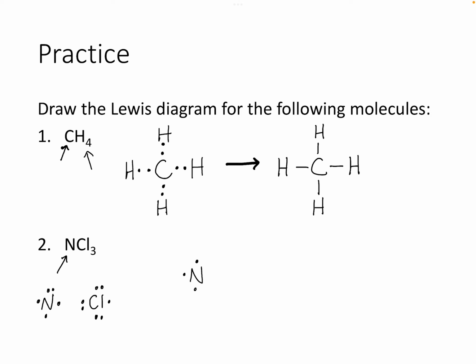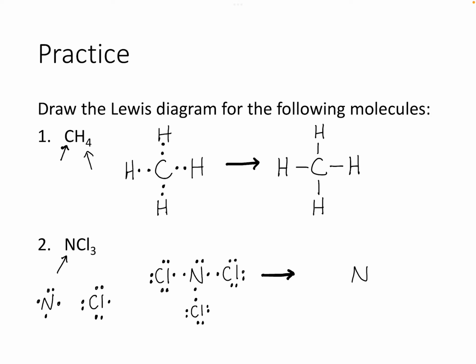Okay, so let's draw nitrogen in the middle, and then we'll put our chlorine atoms around nitrogen, and we'll make sure that we're pairing up the unpaired electron for each chlorine. All right, so we've got our 3 covalent bonds between nitrogen and each chlorine.